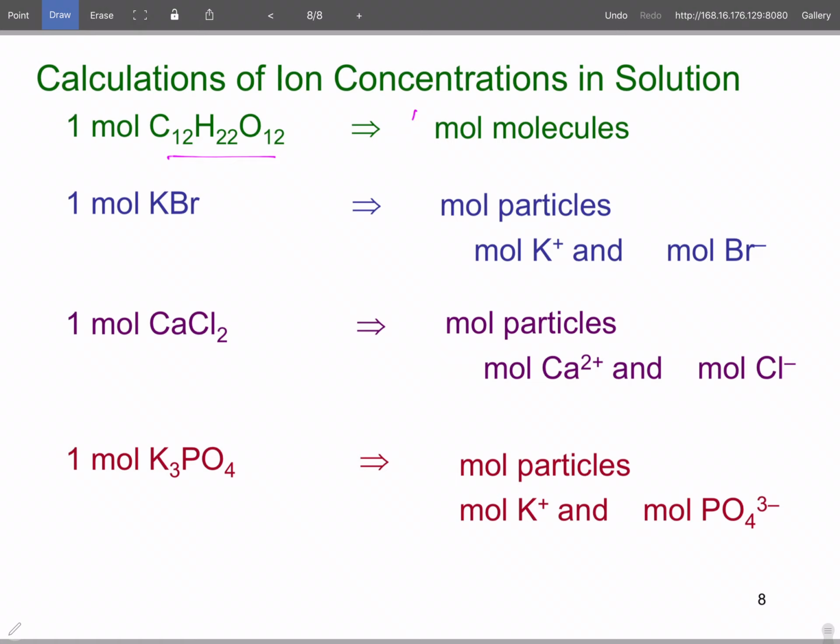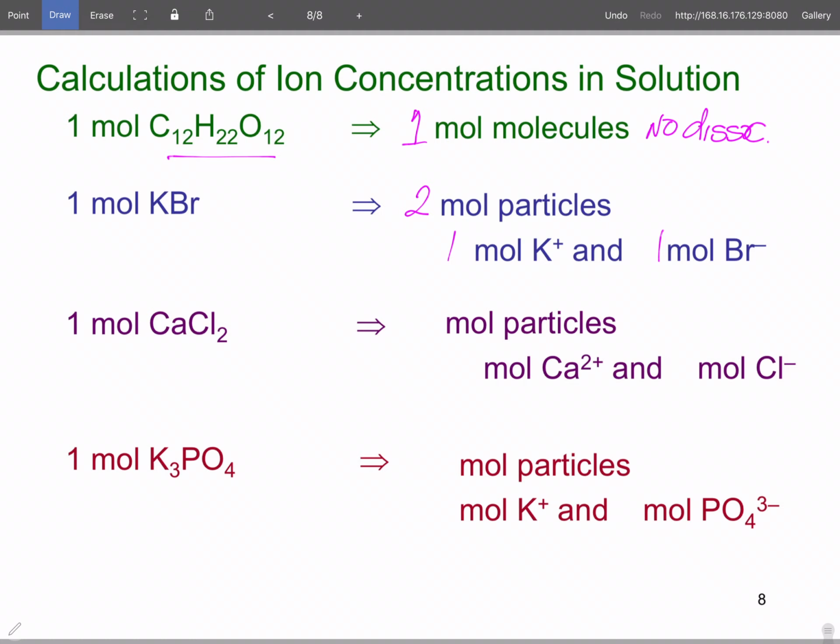So there's no dissociation because there's 1 mole. No dissociation. Okay? It's a non-electrolyte. But if you take 1 mole of KBr, you get 2 moles of particles because you get 1 mole of potassium ion and 1 mole of bromide ion. Because it's a strong electrolyte.